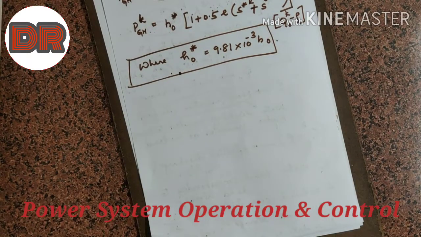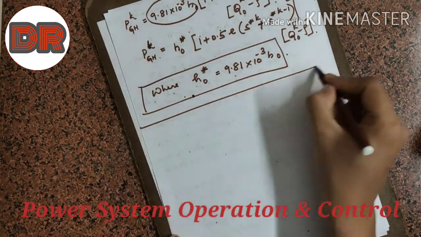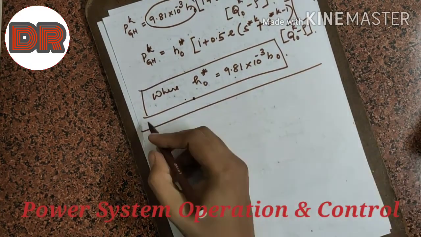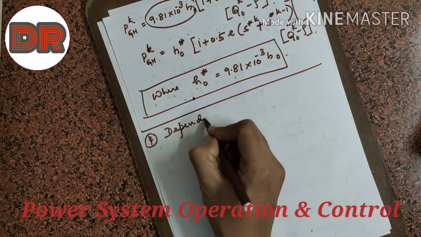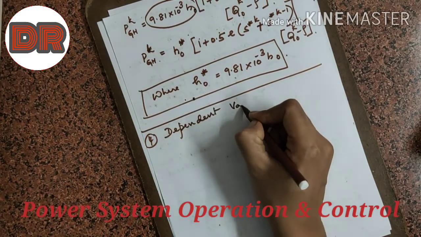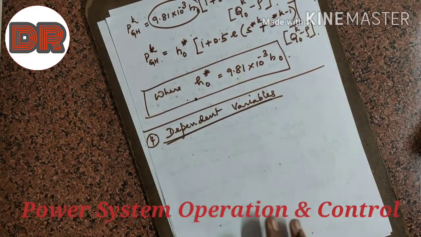So what is the next step? Before writing the Lagrangian function, we have to see what the dependent variables are. So let us write what the dependent variables are now. We have written so many steps.